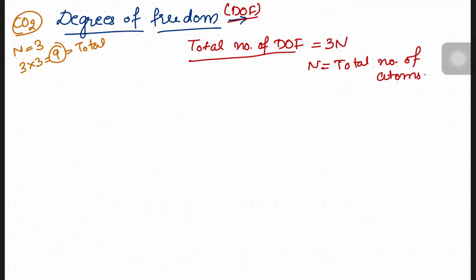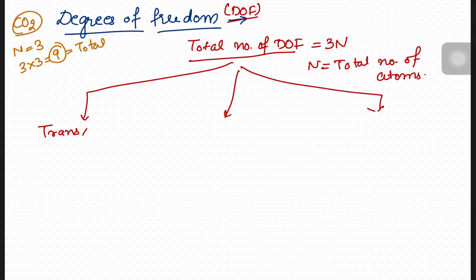Now degrees of freedom are of three types: translational degree of freedom, rotational degree of freedom, and vibrational degree of freedom.